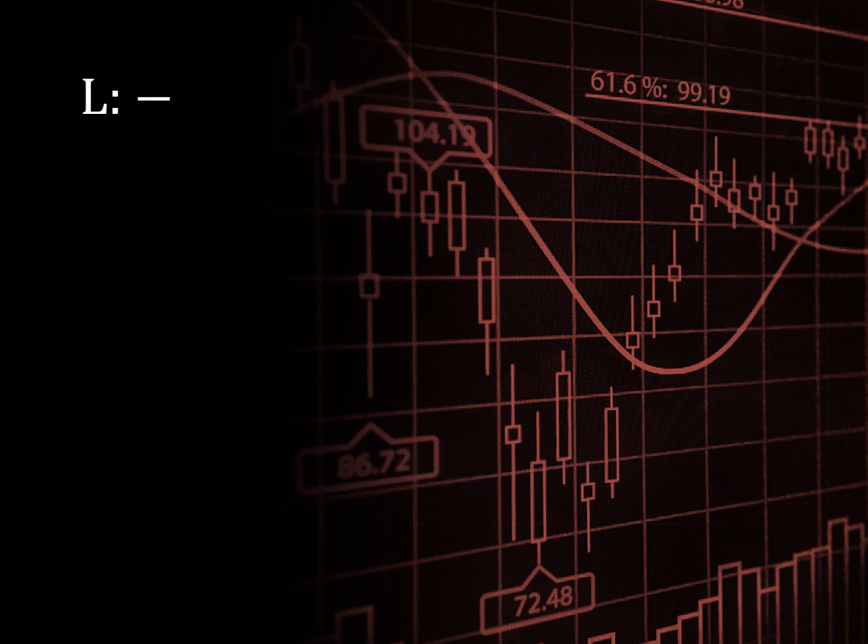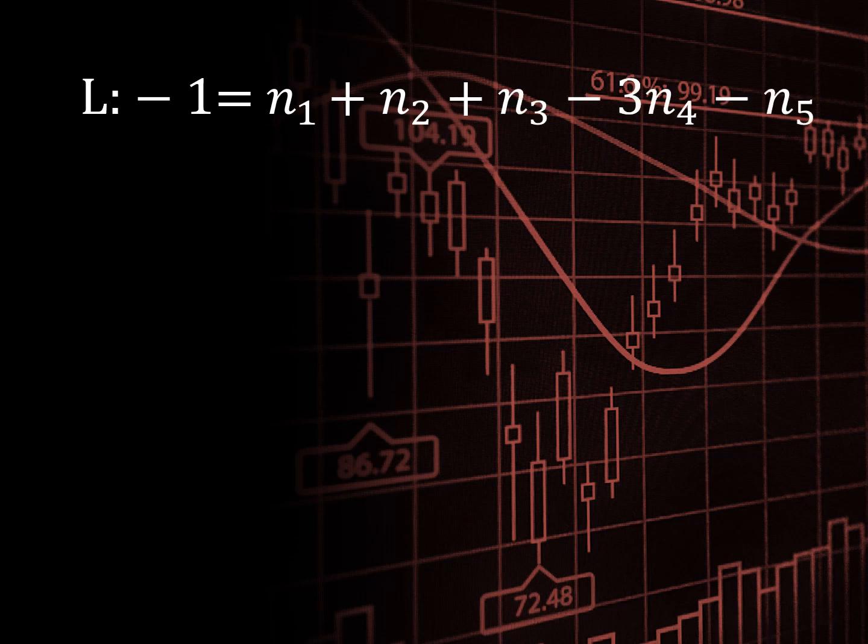The equation for L is negative 1 equals N1 plus N2 plus N3 minus 3 N4 minus N5. Recall that the equations we derived are N3 equals 2 minus N5 and N4 equals 1 minus N5.